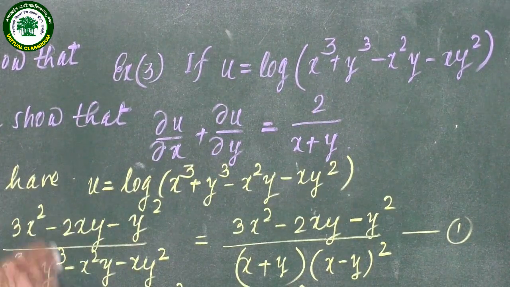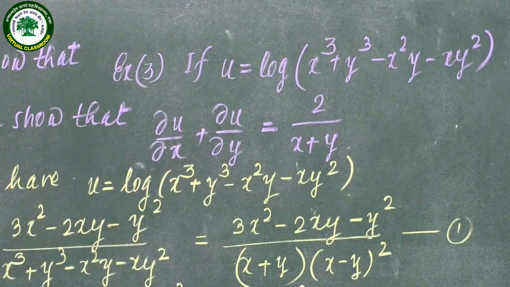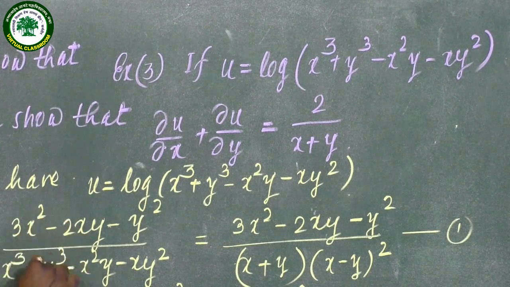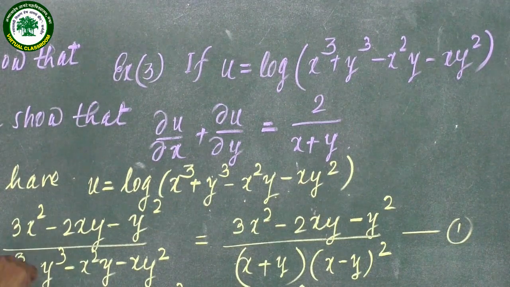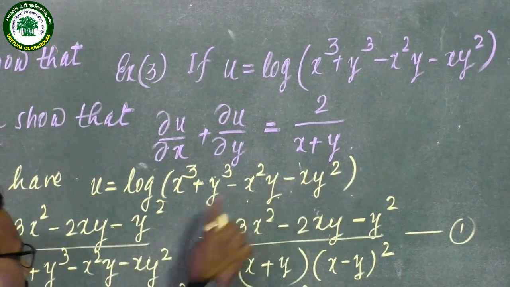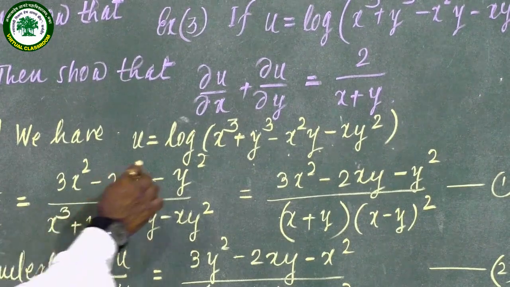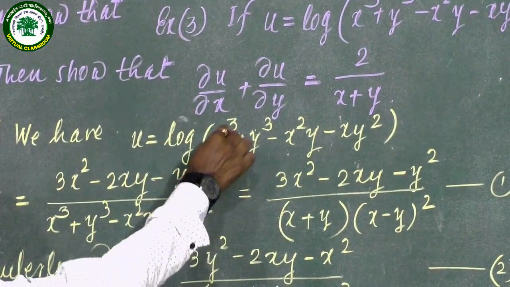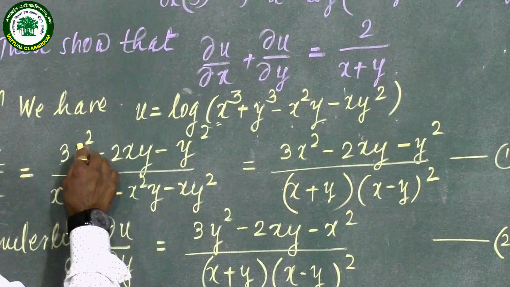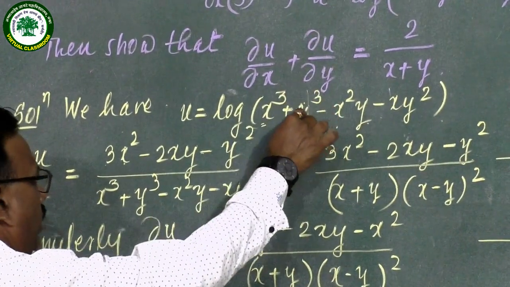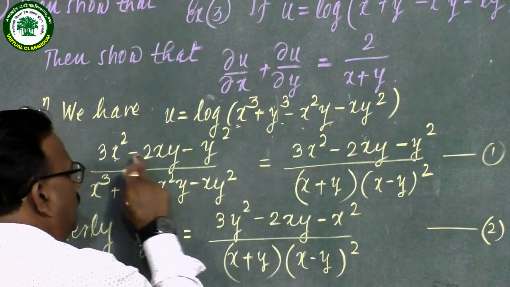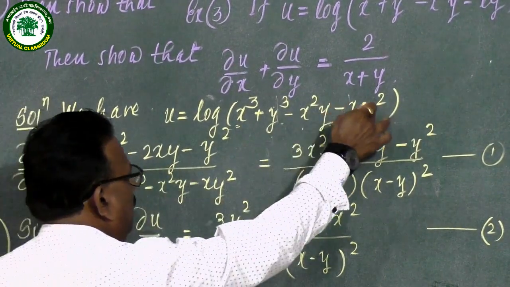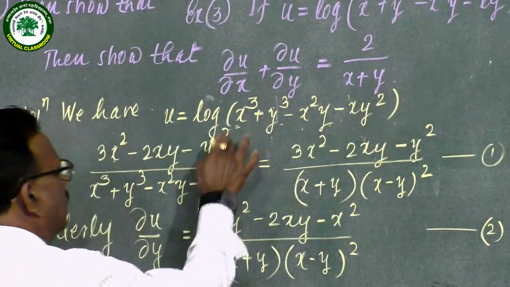You can take the function as it is, take its partial derivative with respect to x, again 1 upon (x cube plus y cube minus x square y minus xy square) into the derivative of this bracketed quantity with respect to x. Therefore the x cube derivative with respect to x is 3x square, y cube is ignored, its derivative is 0, x square y with respect to x is minus 2xy, and for xy square the derivative of x is 1, therefore it is minus y square.